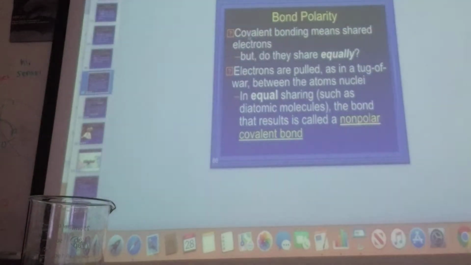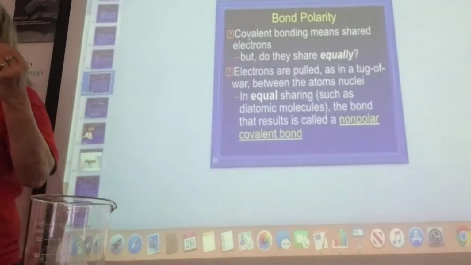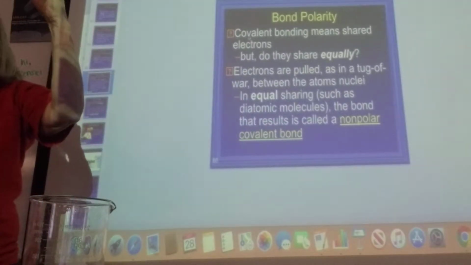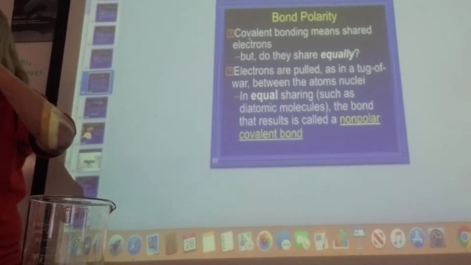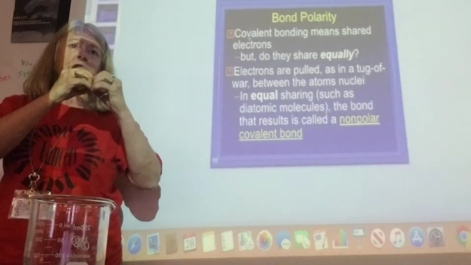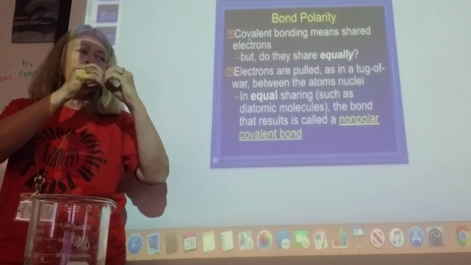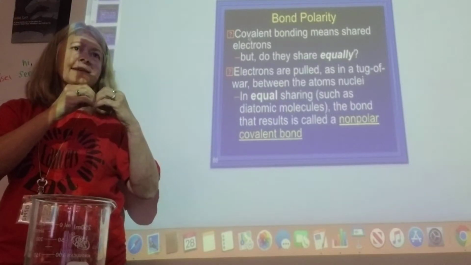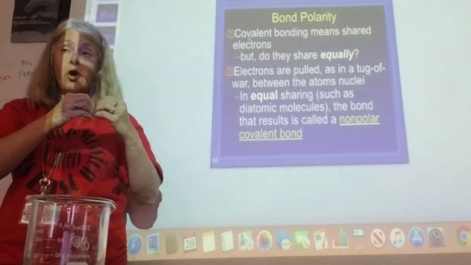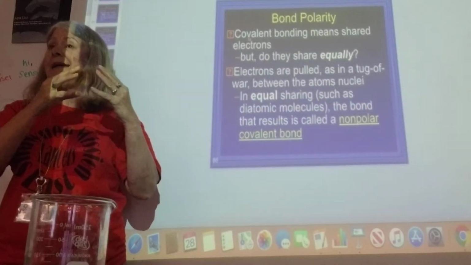Okay. That was me. So if I have any of my Brinkelhoffs, Br, if I have two bromines chemically combined with a covalent bond, which has the greater attraction, this bromine or this bromine? They're equal. In that tug of war, since the electronegativity is the same for each bromine, their attraction for that shared pair is equal.